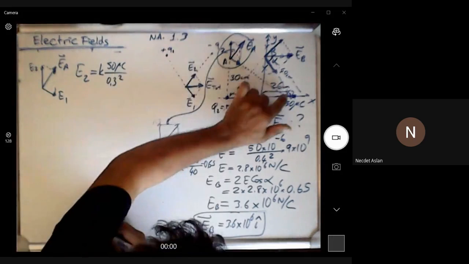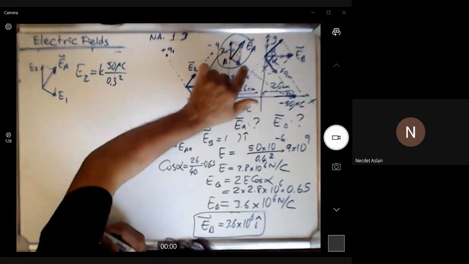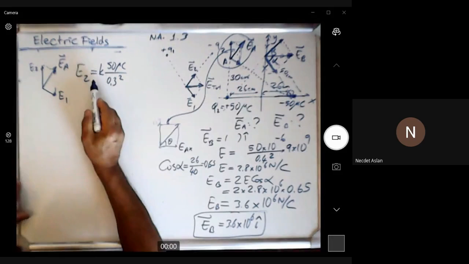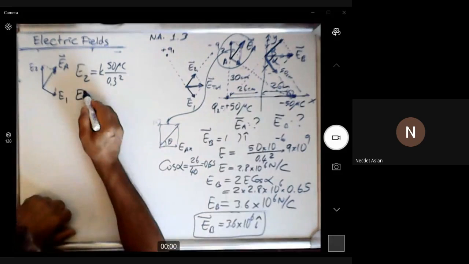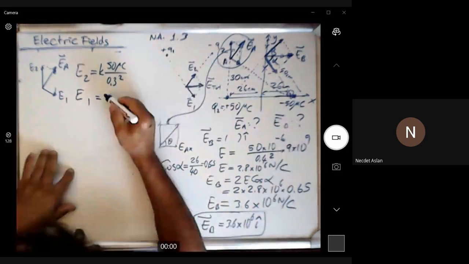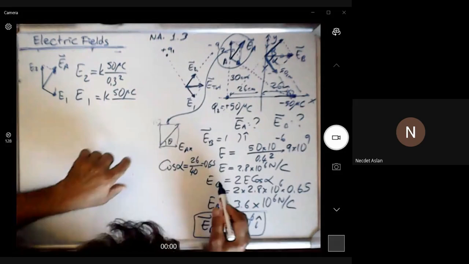The magnitude of E1 is given by, see, I'm not putting any vector sign, which means it's just the magnitude. So we have to find this E1. This E1 is exactly the same, K times 50 microcoulomb, because the charges are the same, divided by the distance squared.